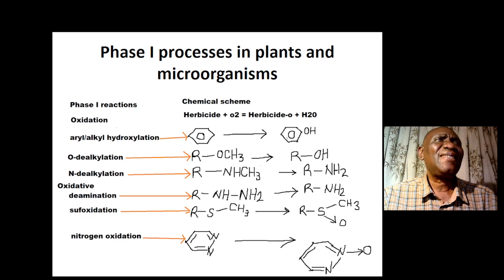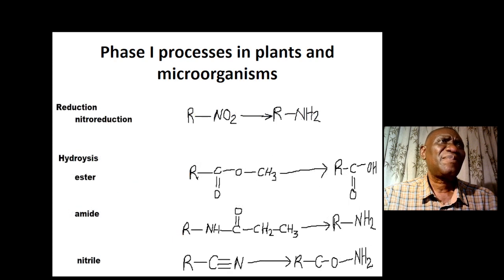And again, this is a summary of what is happening, and all the reactions are also described here. We have got reduction, which is one process. Hydrolysis, there are 3 reactions which are also summarized here.